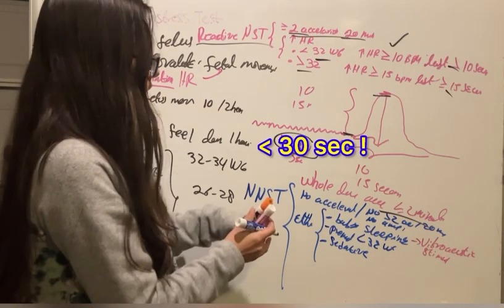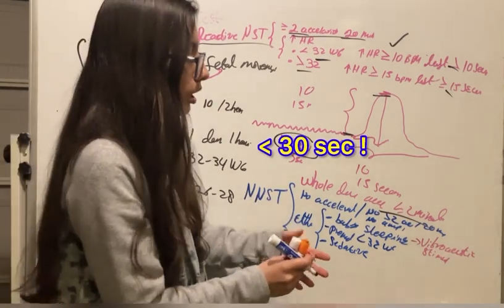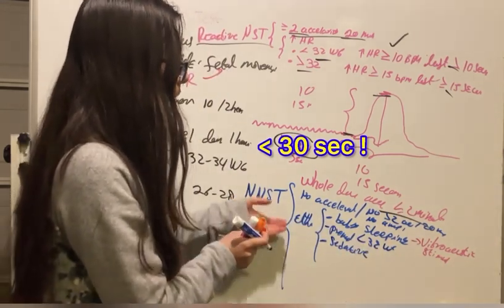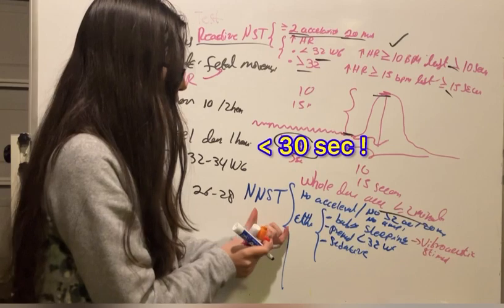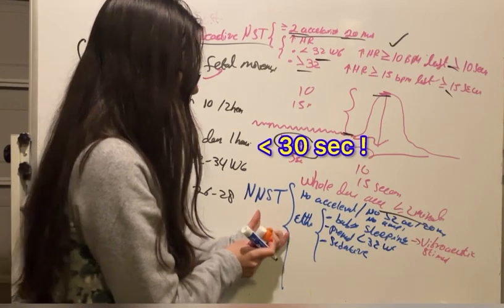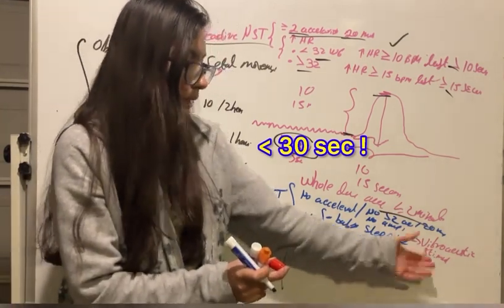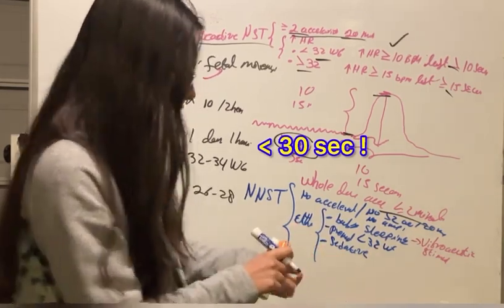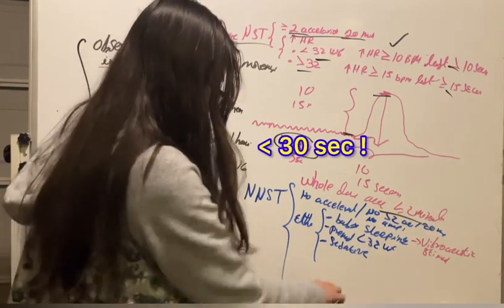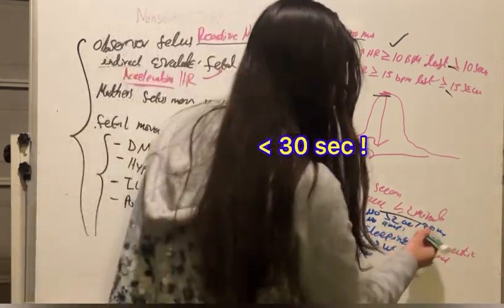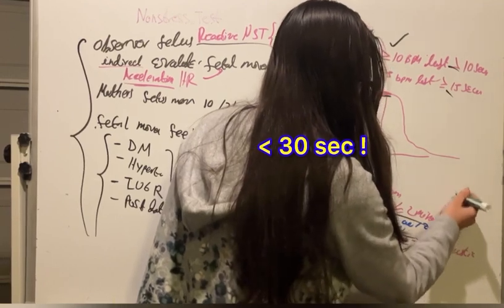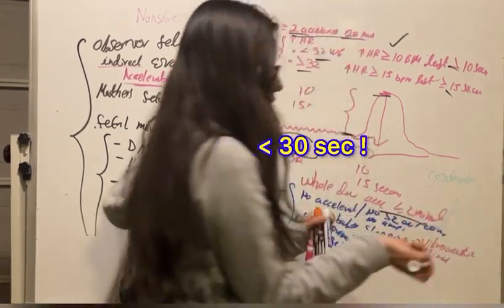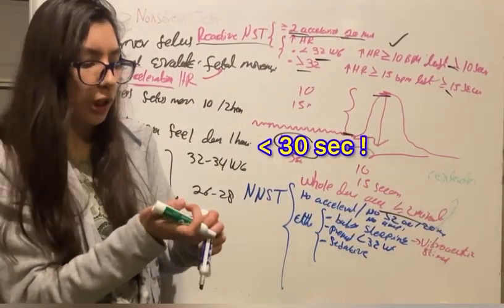And if the vibroacoustic stimulation was not successful, so if after having a non-reactive non-stress test and doing vibroacoustic stimulation, and again we have a non-reactive non-stress test, then we do a contraction test, which is we induce contractions, not labor contractions, but we induce contractions.